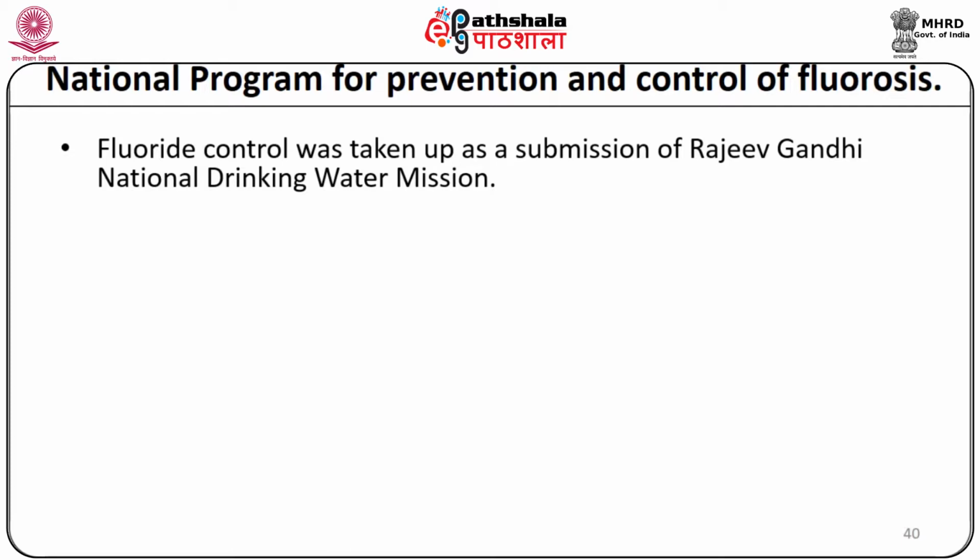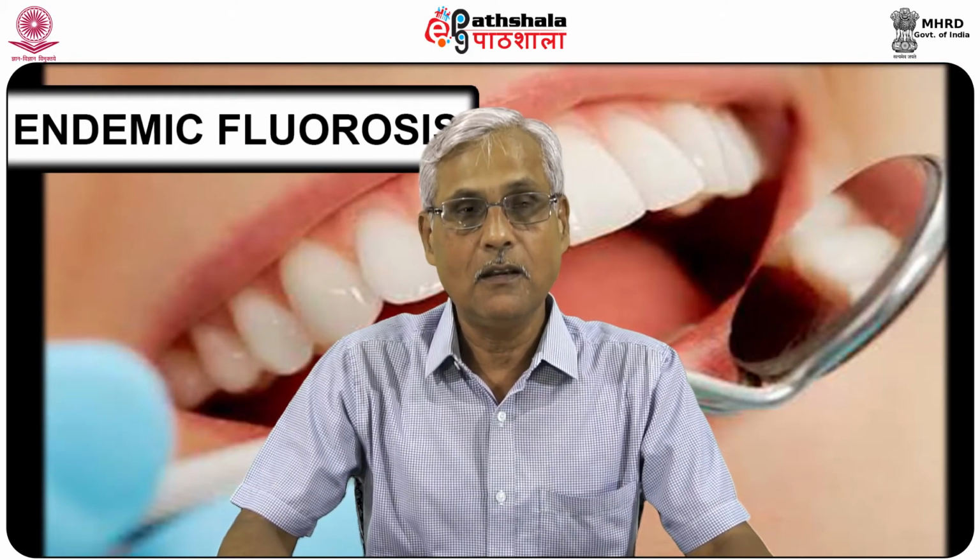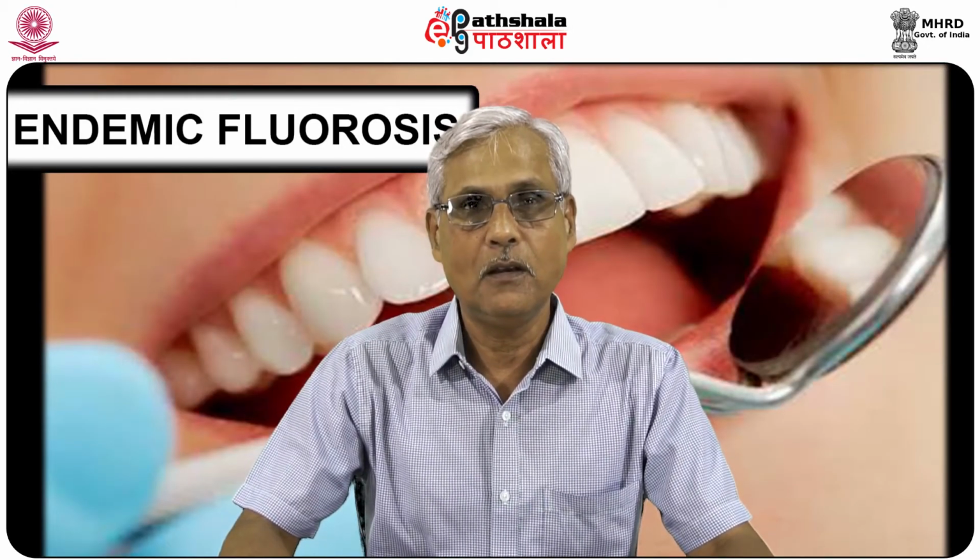But the other important dimension has also been taken into consideration very recently, that the water being supplied should not be harmful to human beings. And one of the major criteria is that the fluoride level in the drinking water should not be high.